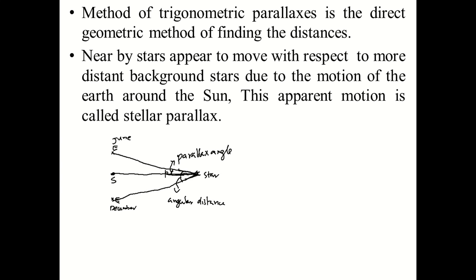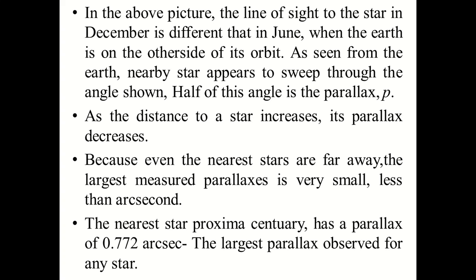So, the parallax is the apparent motion of a star with respect to more distant background stars due to the Earth's motion around the Sun. This apparent motion is called parallax or stellar parallax.